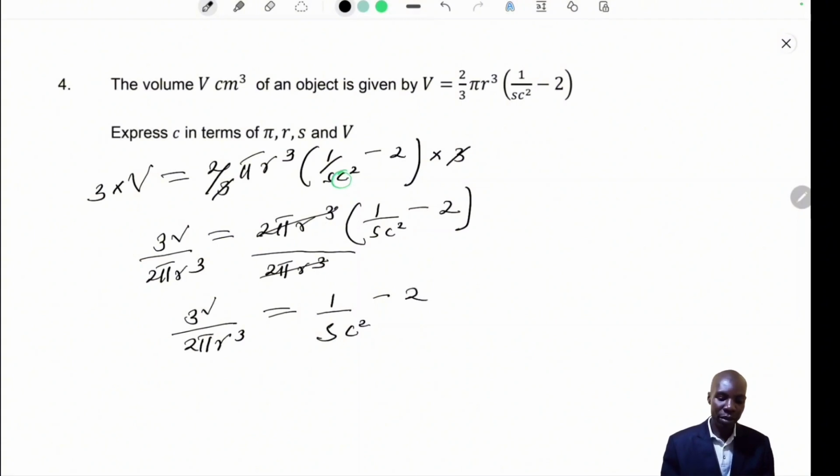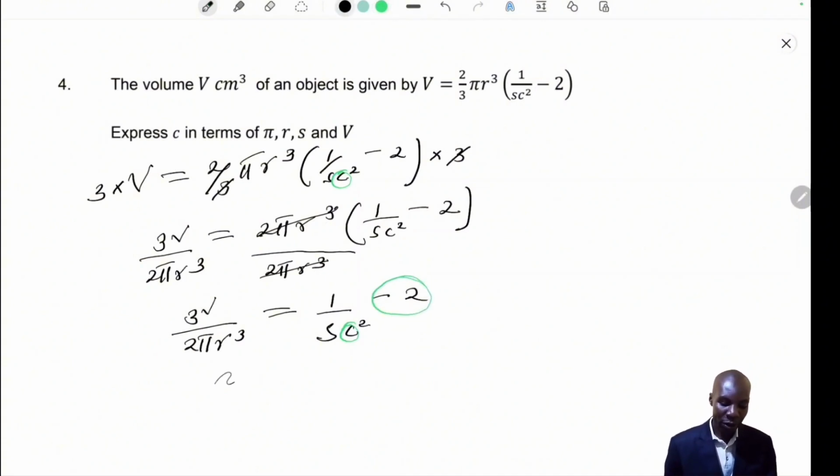Then from here, because our concern is to make C the subject of the formula, the C that we want to make the subject, we can bring the minus 2 to the left-hand side.